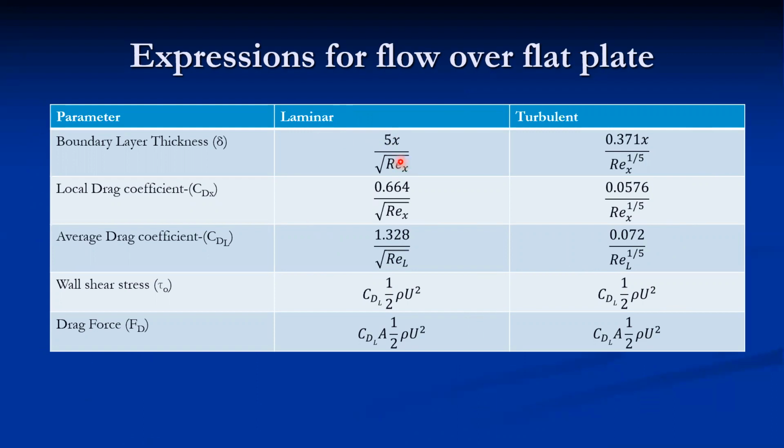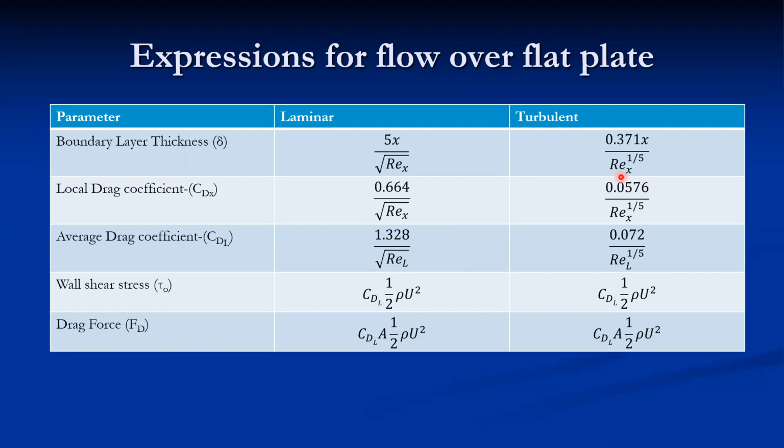For laminar flow, the denominator is under root Re. For local, we use the value of x for calculating Re, that is ux by nu. And for the average value, we use the entire length.